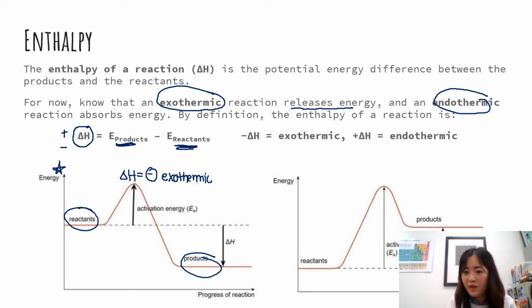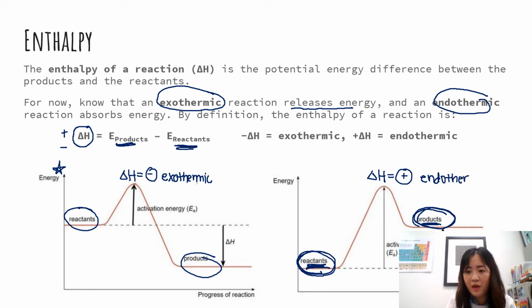Whereas on this end, I think my face is covering off some of the graph here, but you have reactants at a lower state of energy than the product energy that you see over here. So if you were to do the delta H calculation, you would go product energy minus reactant energy, and we could see here that our enthalpy would be a positive value, and this is depicting what an endothermic reaction profile would look like.